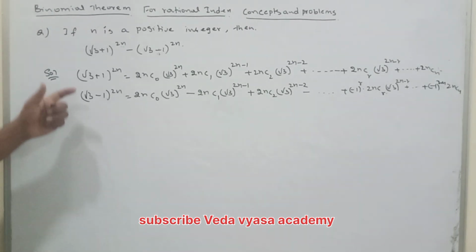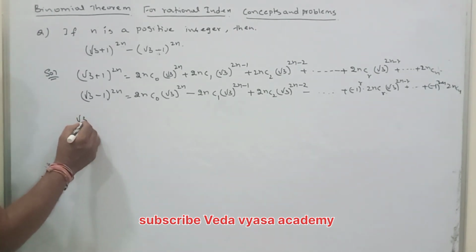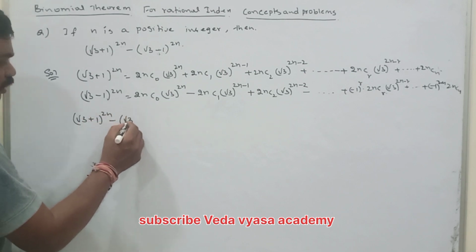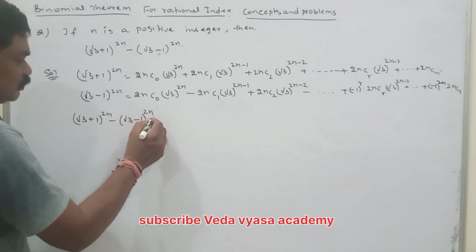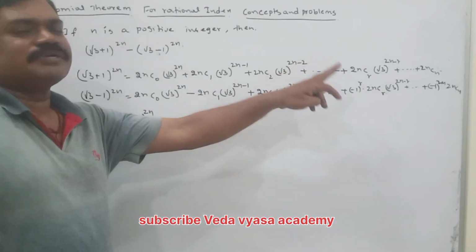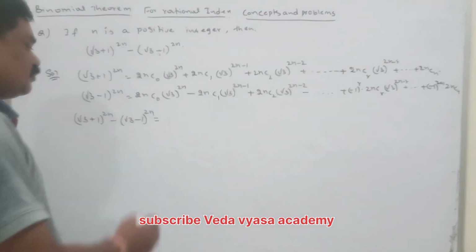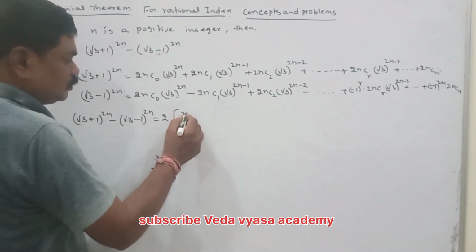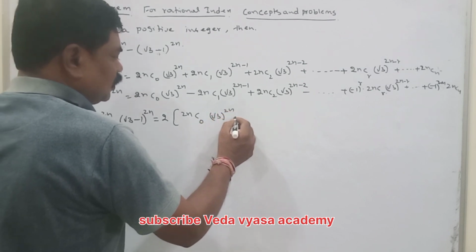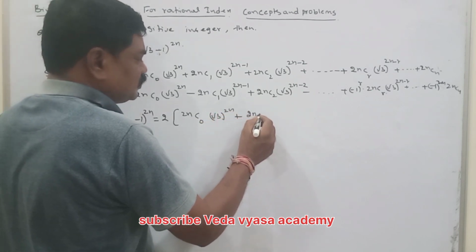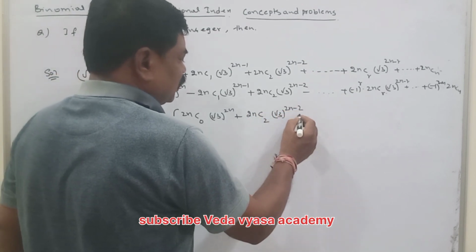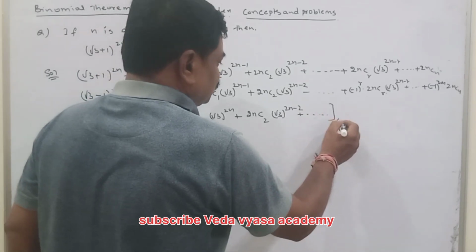Okay, all of you. So you subtract this one: root 3 plus 1 whole power 2n minus root 3 minus 1 whole power 2n. The odd terms cancel, and the even terms are 2 into 2n C0 root 3 whole power 2n plus 2n C2 root 3 whole power 2n minus 2 plus so on, like this.